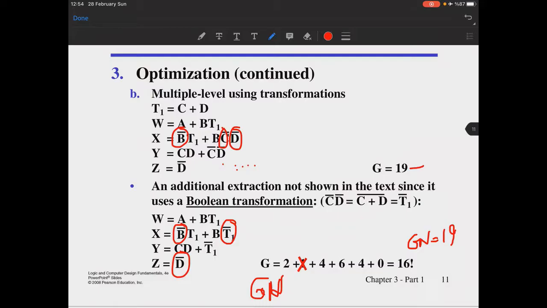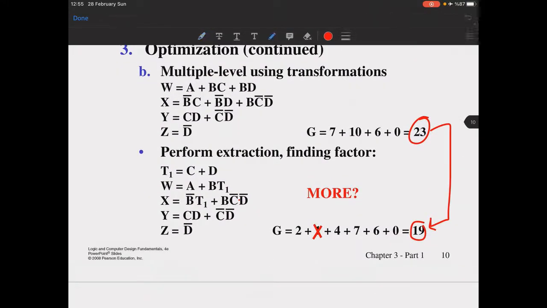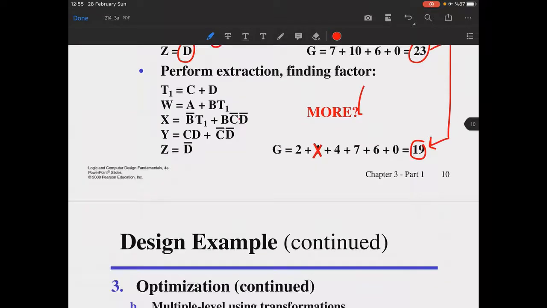So your gate input cost with NOTs will be 22 here. And what about the gate input cost with NOTs in the original function here? It would be B, D, and C inverted here. That's it. And it would be 26. That's all about the optimization part.